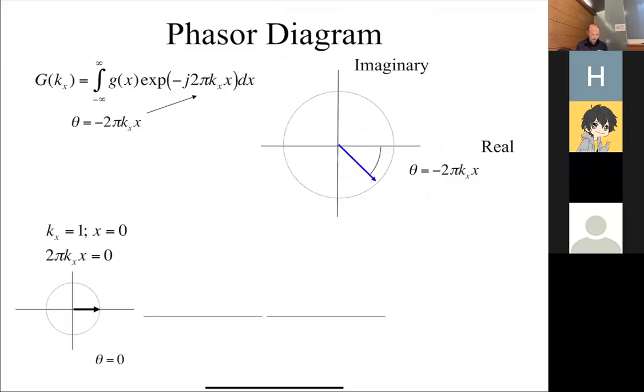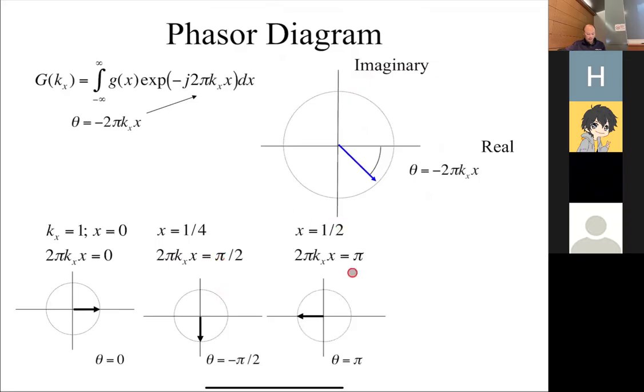Let's look at an example where kx equals 1. If I'm at x equals 0, I have a phase of 0. If I go to x equals 1/4, now 2 pi kx x is equal to pi over 2, and theta is minus that, so minus pi over 2. So that spin is there.